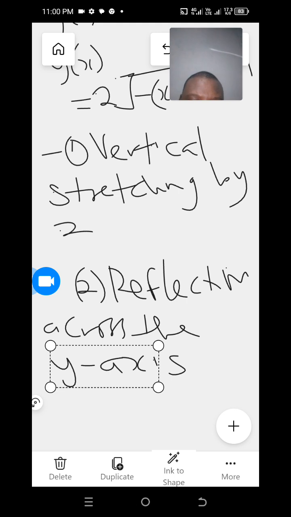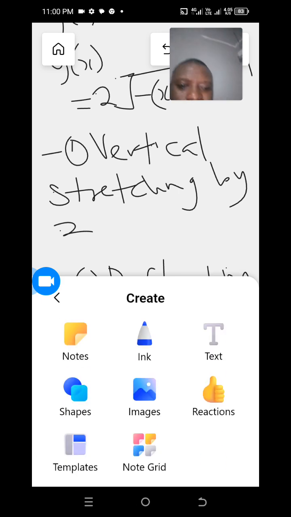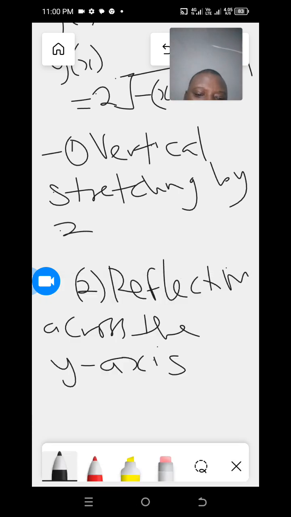That negative inside the square root shows reflection across the y-axis. So in this case, the y-axis is our mirror line.